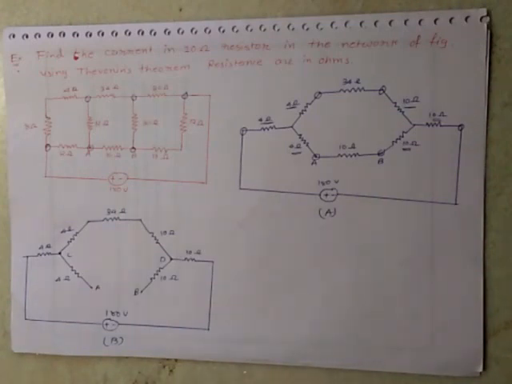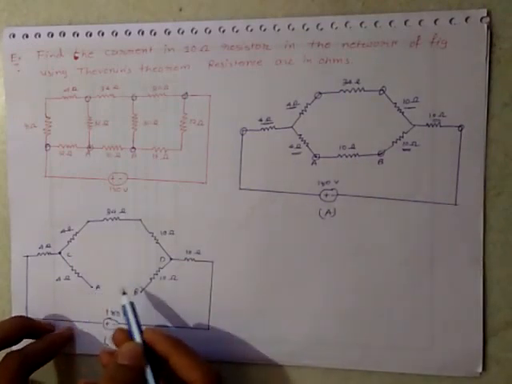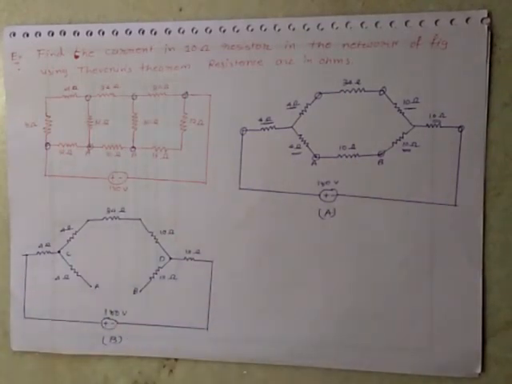Now connect the 10 ohm resistance across which we have to find the current. Here is the 10 ohm resistance. So as in the figure, we have removed that 10 ohm resistance.